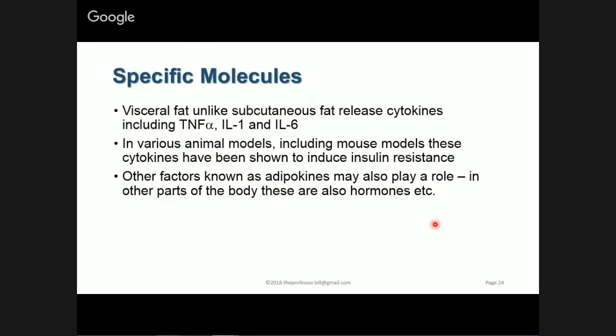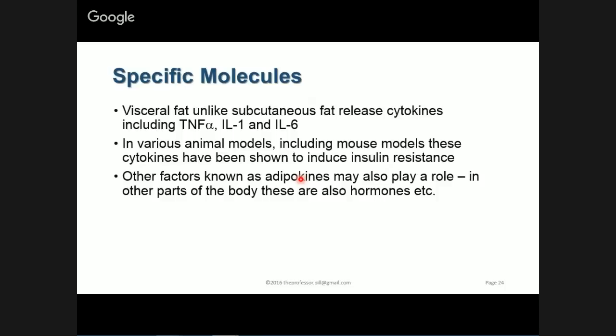They're the ones that are now on the right side of the diagram that I showed you earlier, and these are the ones that are now secreting things like TNF alpha, things like interleukin-1 as well as interleukin-6, which were not on that previous diagram. We know that when we start talking about animal models, including mouse models, which we'll get into in some more detail on Monday, that these particular cytokines, if we overexpress TNF alpha or we inject in TNF alpha under the right conditions, or interleukin-1 or interleukin-6 under the right conditions, can produce insulin resistance, which is one of those sequelae of events that occurs in metabolic syndrome.